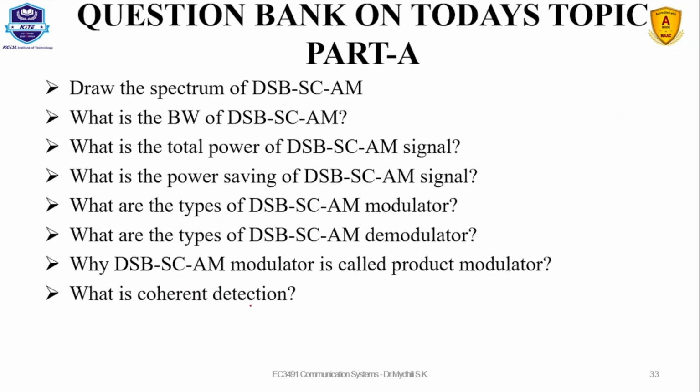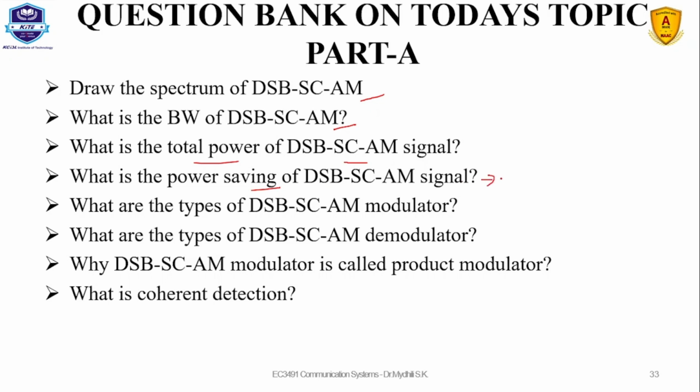When coming to the university questions, they can be asked like this. They will ask to draw the spectrum of DSB-SC AM. They can also ask what is the bandwidth of DSB-SC AM, what is the total power transmitted with respect to the DSB signal, and what is the power saving of DSB-SC AM.